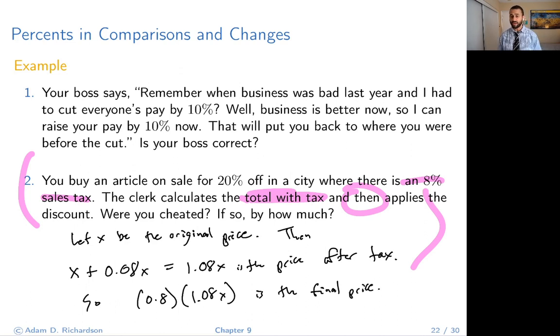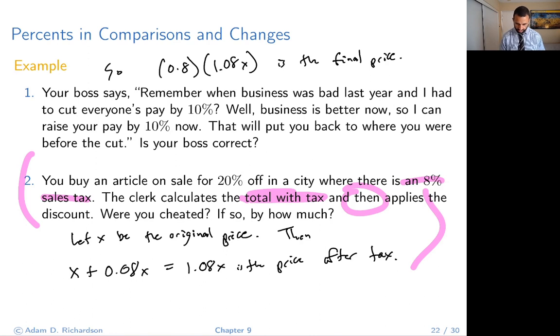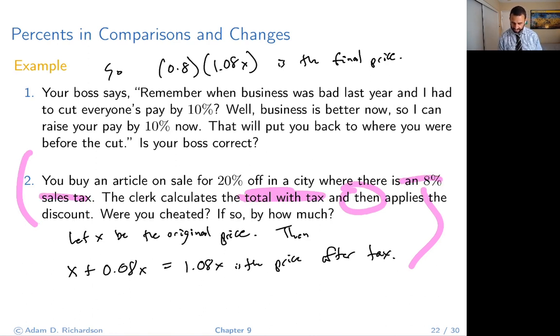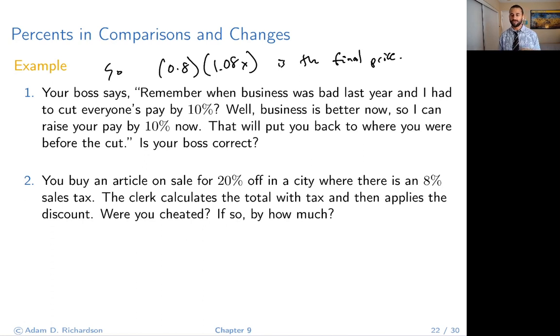Okay, so my question is this: is it going to be different if we first apply the discount and then the tax? Well, let's find out. I'm going to save this up here at the top, give myself some space. Now let's do the other one. Let's keep X as the original price, but now we apply the discount first.